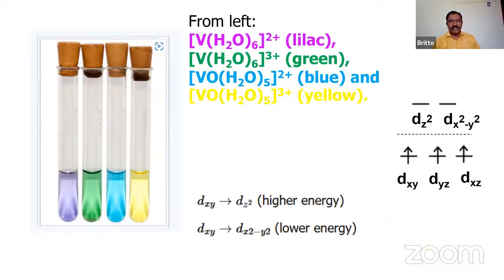This is because in vanadium we have three unpaired electrons, and when excited, these three electrons can go from the ground state to either of the two orbitals in the EG level, dz squared or x squared minus y squared. There is a small difference between dz squared and x squared minus y squared. If it goes to dz squared, it will give one color, and if it goes to x squared minus y squared, it will give another color. That is the reason you get different colors.